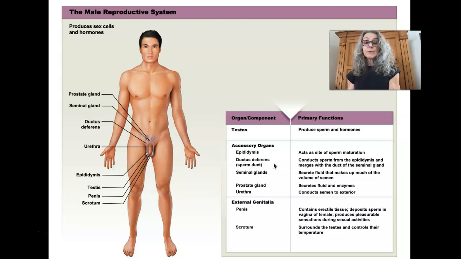It connects to the urethra, which goes through the penis. You have some fluids that are produced by the seminal vesicles or seminal glands and the prostate gland, which are labeled in the picture, making fluids to assist the sperm in their travel to the egg.